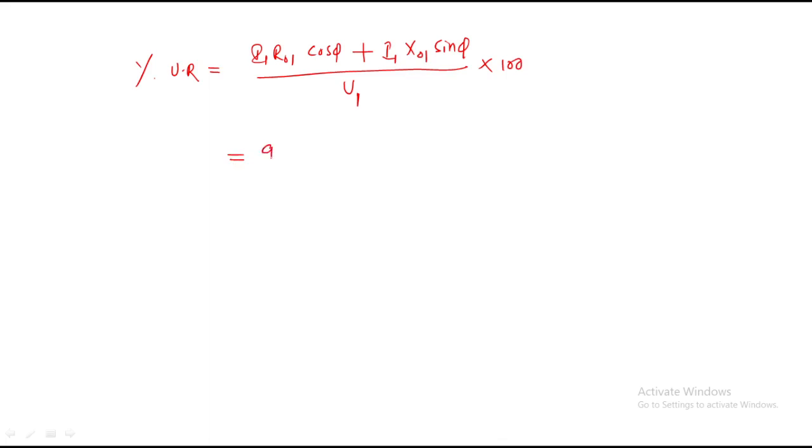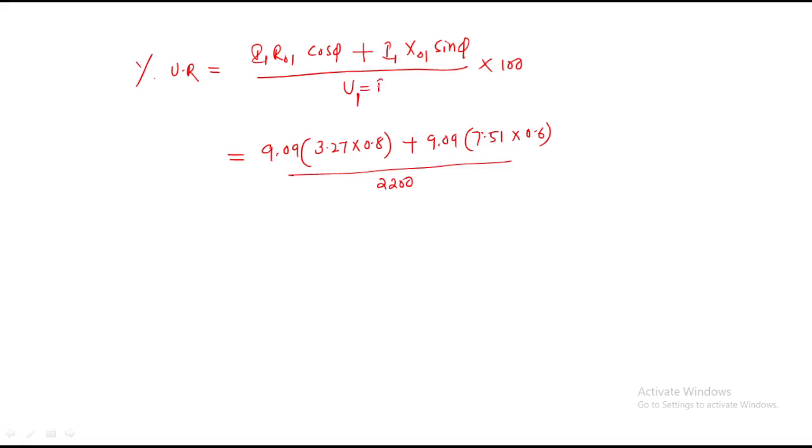I1 is 9.09 into R01 3.27 into 0.8, plus 9.09 into X01 7.51 into 0.6, by V1, which is E1, into 100.